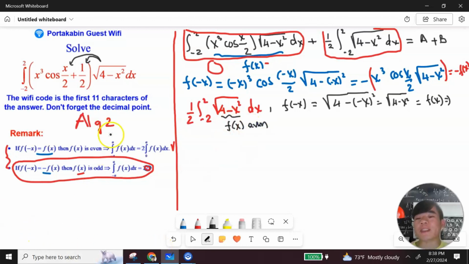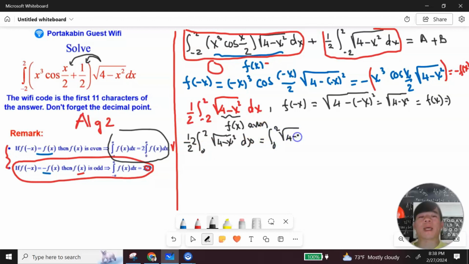Because it's an even function, I use the formula right here. So this guy should be 1/2 times the integral from 0 to 2 of root 4 minus s squared ds, but this is 2 times, so I put 2 right here. The 2 and 2 cancel out. So the answer should be the integral from 0 to 2 of root 4 minus s squared. And this is a very easy integral.